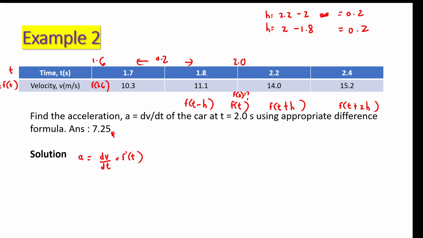Going back, 1.8 is t minus h, and one more h gives 1.6, which is f(t-2h).